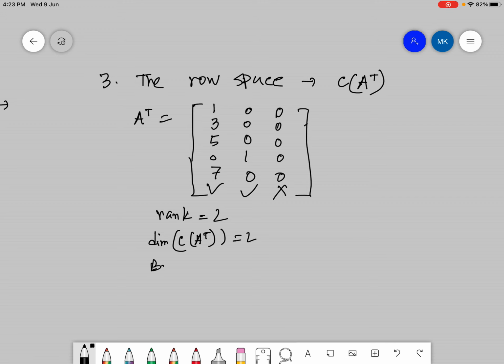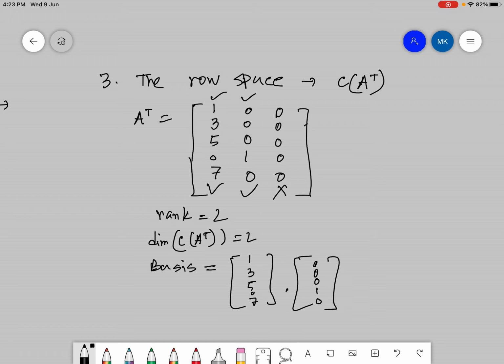It should be also 2. And what should be the basis for the row space? There should be, in this case, column 1 and column 2. So we can write this as 1 3 5 0 7 and 0 0 0 1 0. So the summary is, whenever you transpose any matrix A, you convert the rows into columns, right?